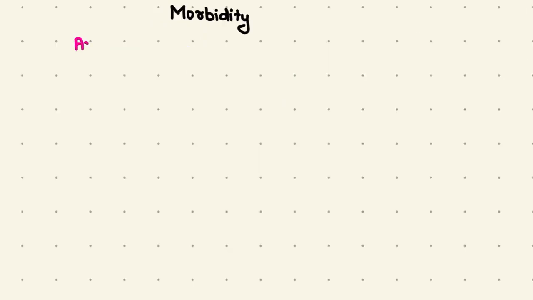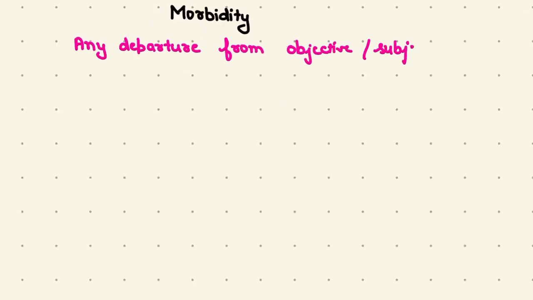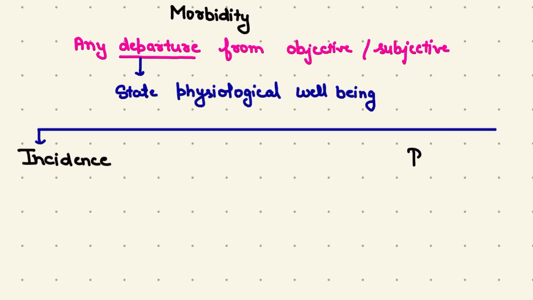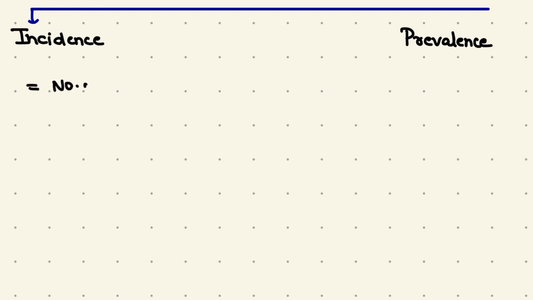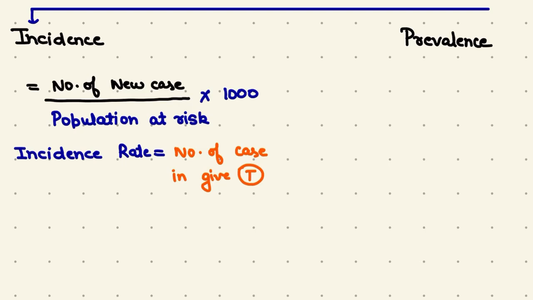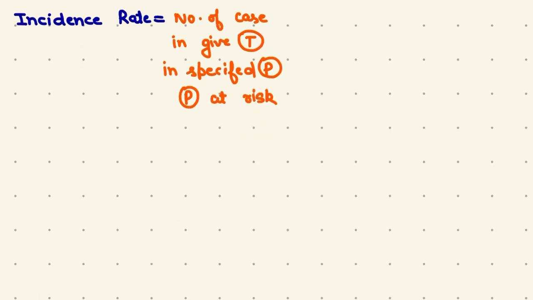Another tool is morbidity, which is any departure, subjective or objective, from a state of physiological well-being. Morbidity is calculated by incidence and prevalence. Incidence is the number of new cases per 1000 population at risk. Incidence rate is the number of cases in a given time in a specified population or population at risk.